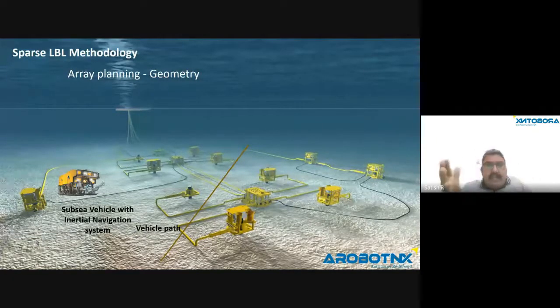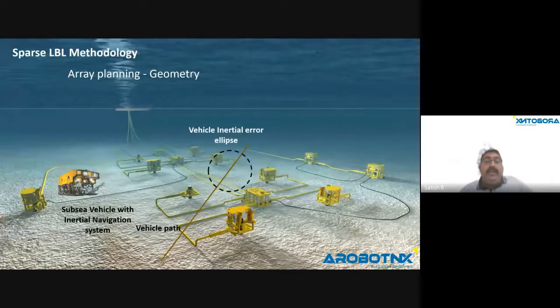Then the next thing to understand is what the error ellipse of the inertial is going to be. Definitely the inertial is not going to settle down by itself. It needs things. So prior to deploying the transponders, unlike conventional, you should plan it perfectly.